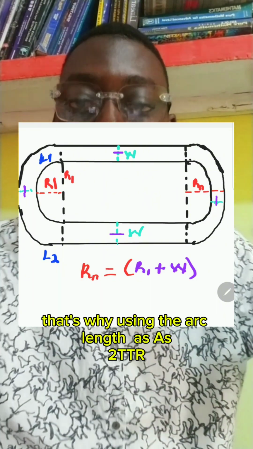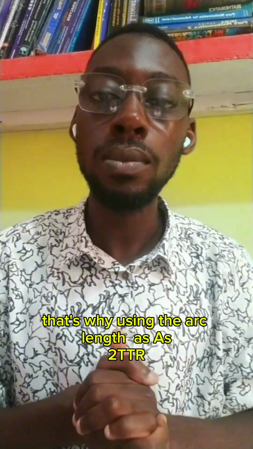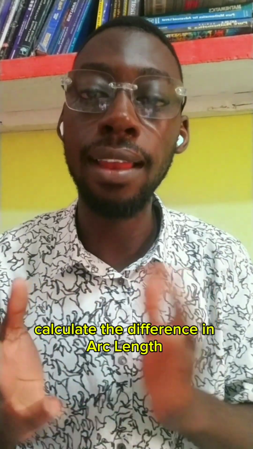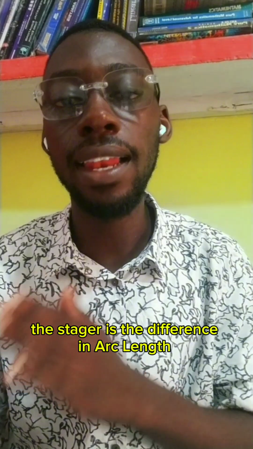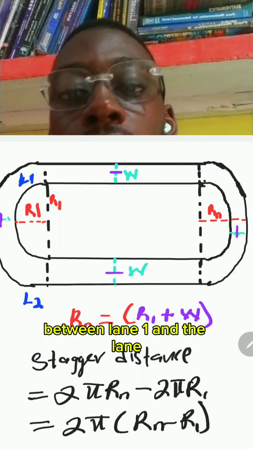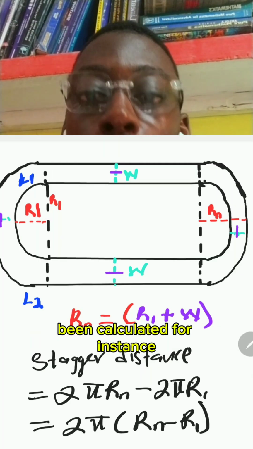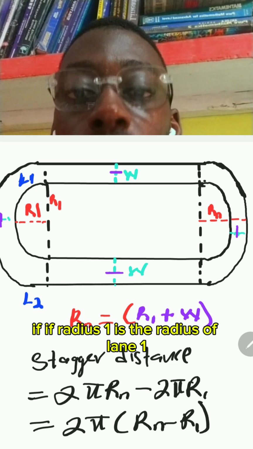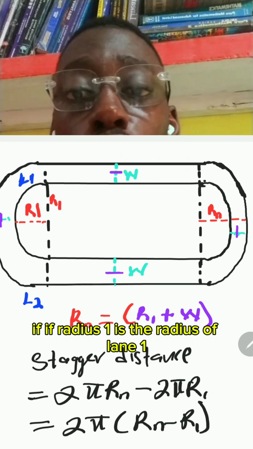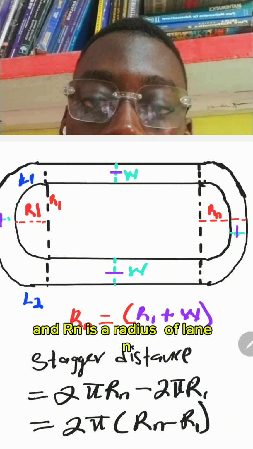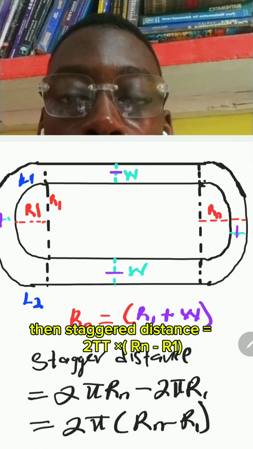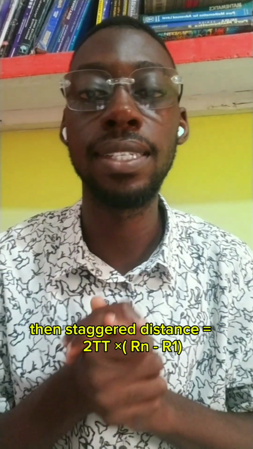That's why we're using the arc length as 2 pi r. 5. Calculate the difference in arc length. The stagger is the difference in arc length between lane 1 and the lane being calculated. For instance, if R1 is the radius of lane 1 and Rn is the radius of lane n, then the staggered distance will be equal to 2 pi times (Rn minus R1).